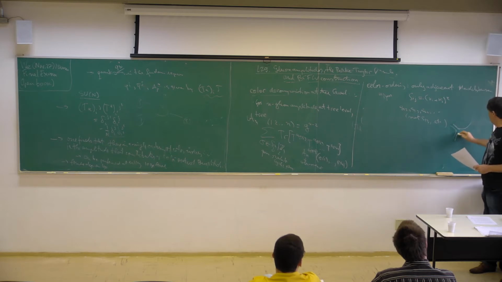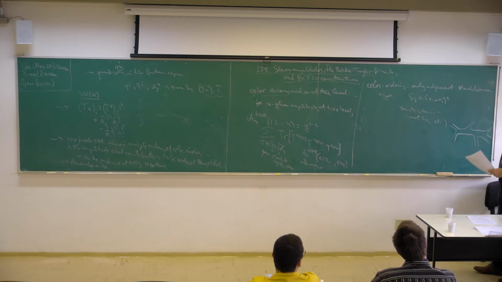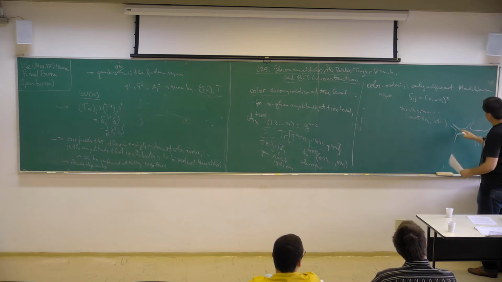So the gluon is something with a double line. You can think of it as color ordered, where it becomes obvious.